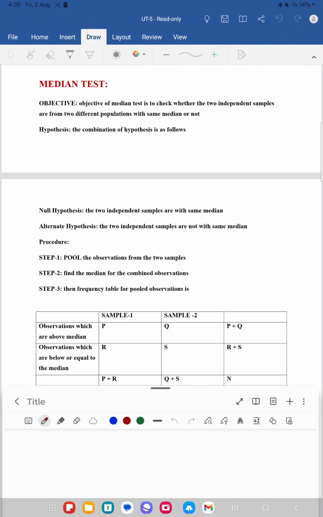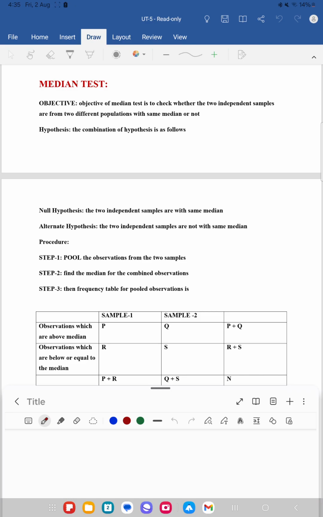So in this video we are going to learn about the median test. As we know that there are two types of tests we have for testing of hypothesis, which are parametric tests and non-parametric tests. I have explained in my previous classes that if the data follows normal distribution, then we need to apply parametric tests.